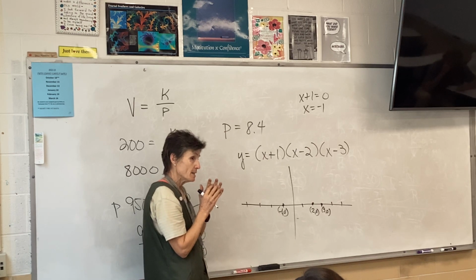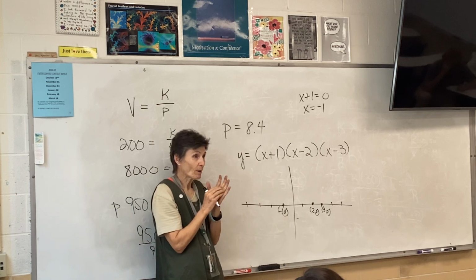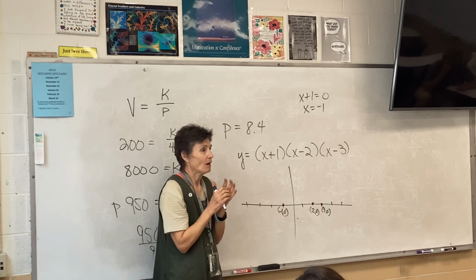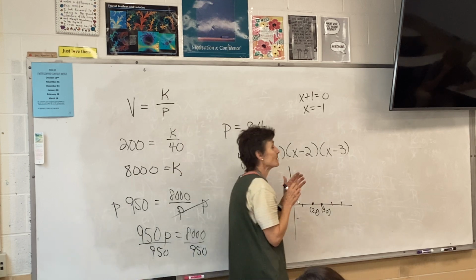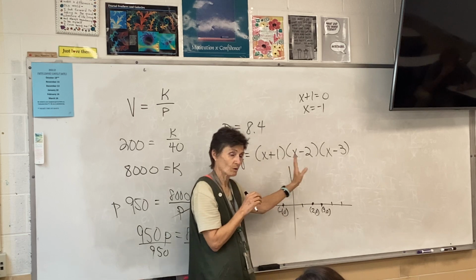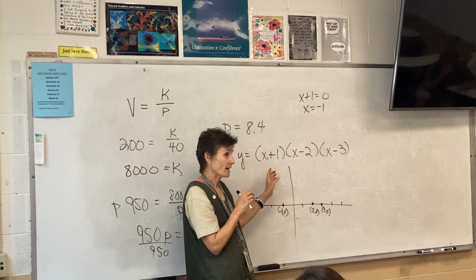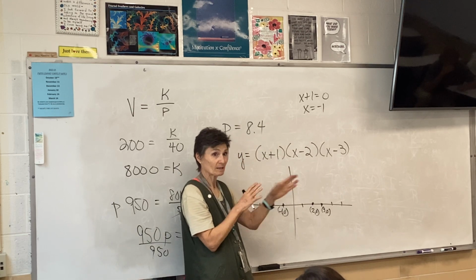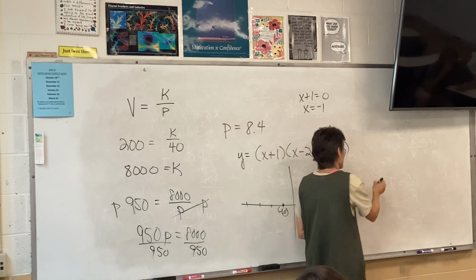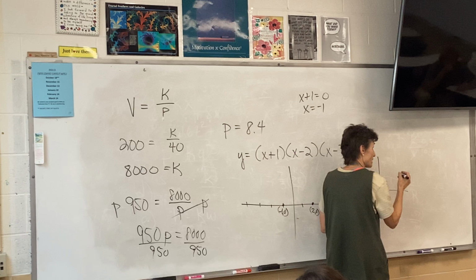Okay. Now, remember I told you your BFFs were never going to leave you. They aren't. I want you to think about, if I were going to FOIL this out, which I'm not, but if I were, I would have x cubed. Would you agree with that, there'd be an x cubed? And you all know what x cubes look like.